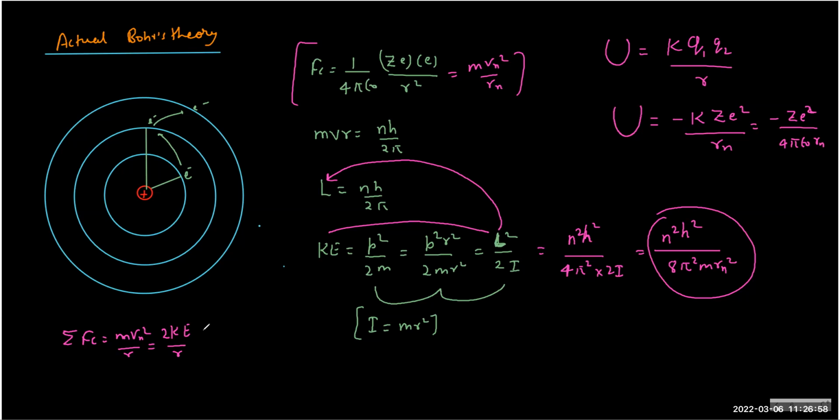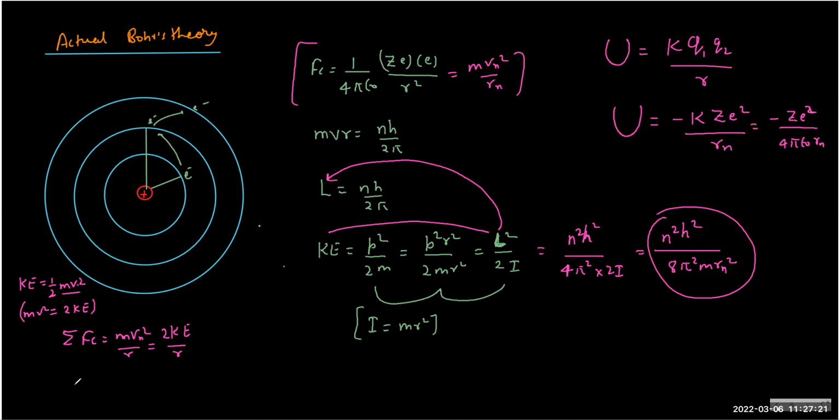Yes or no? Because half m v square is K, right? K is half m v square. So m v square we can write as 2K, correct? I hope this is clear to all of you guys.